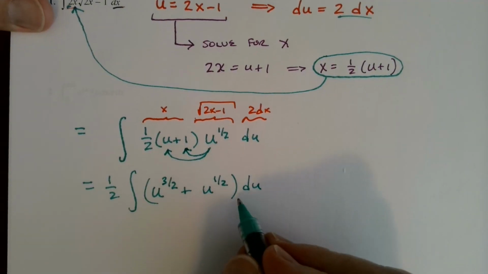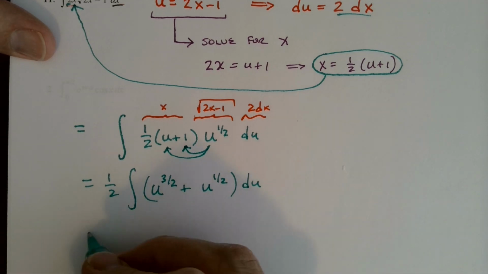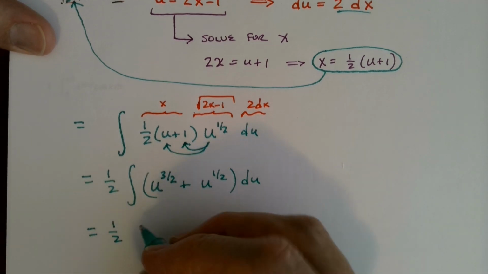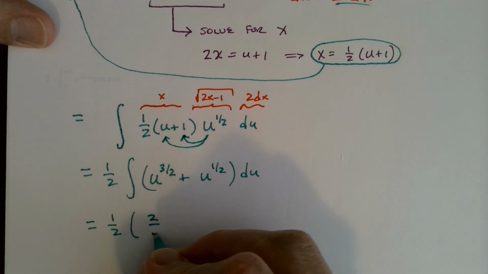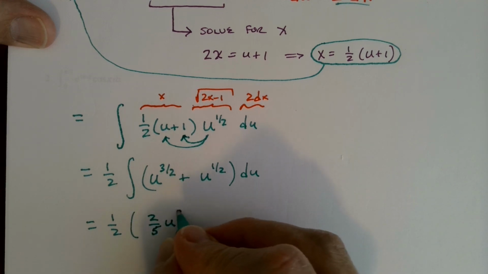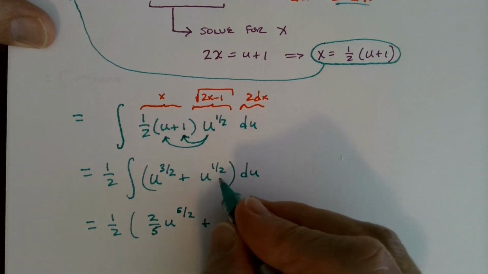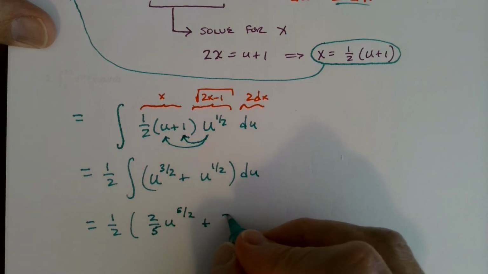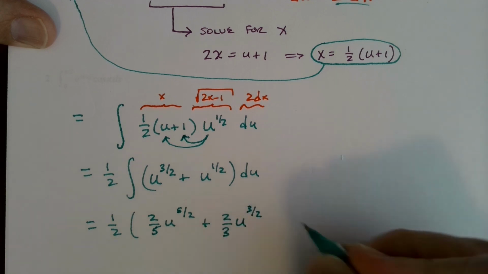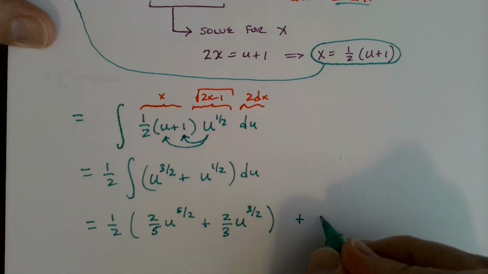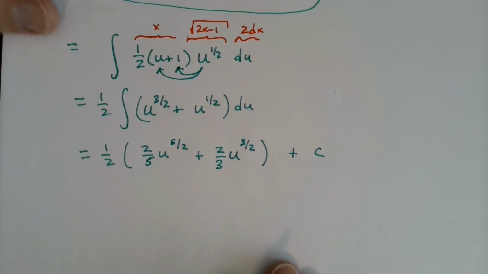And so it's a simple power rule, right? So this becomes 1/2. Antiderivative here is add 1 to 3/2, which is 5/2, 2/5 u to the 5/2, plus add 1 here, 3/2, 2/3 u to the 3/2, plus c, now that we find the antiderivative.